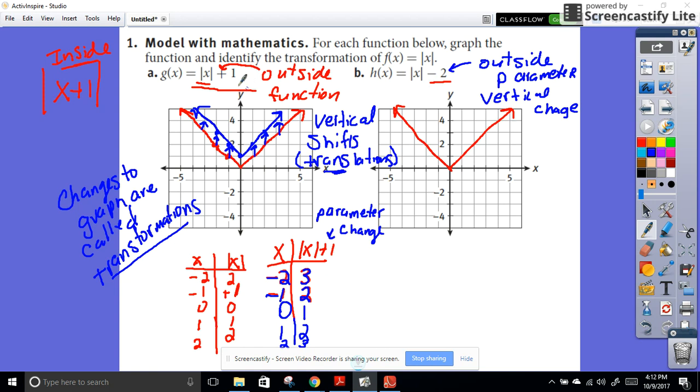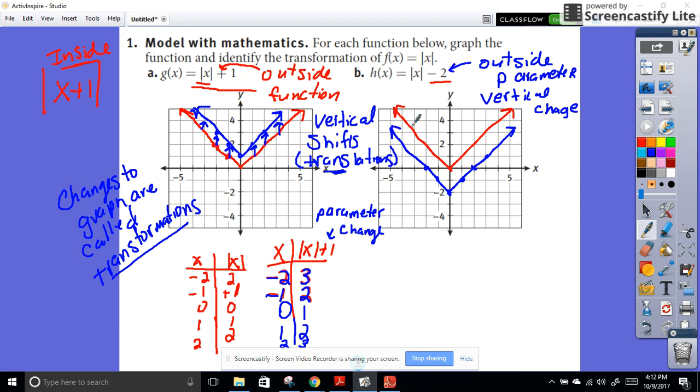What do you think? If +1 went up 1, what do you think -2 is going to do? That's exactly right. It's going to shift it down 2. Every point down 2. Are you tired of me saying that yet? Every point's going to be shifted down 2.